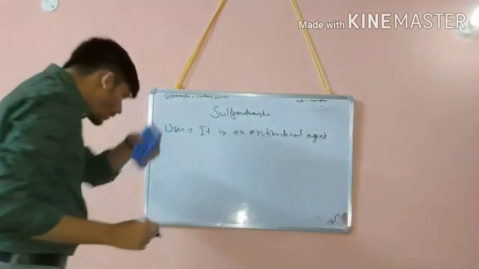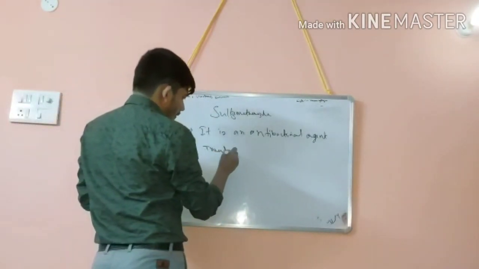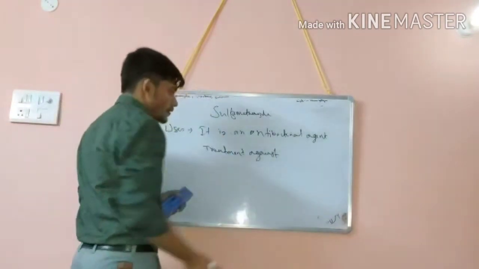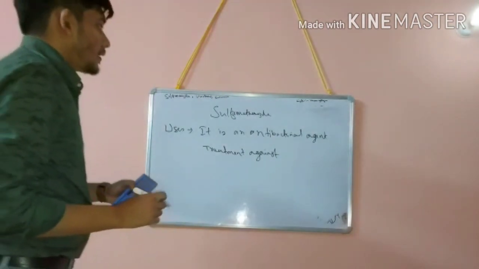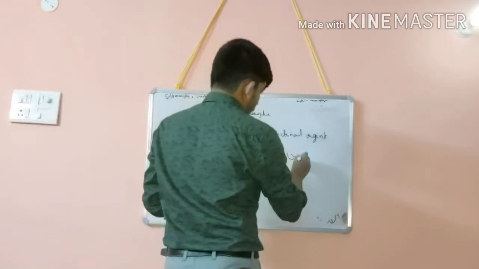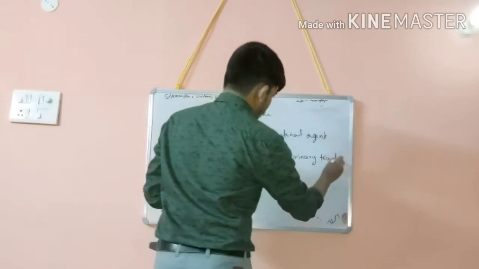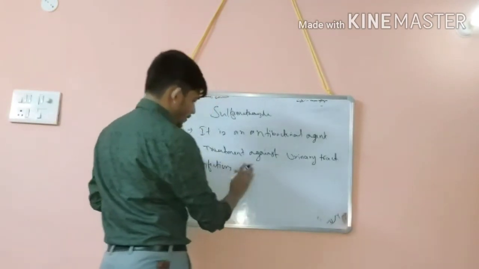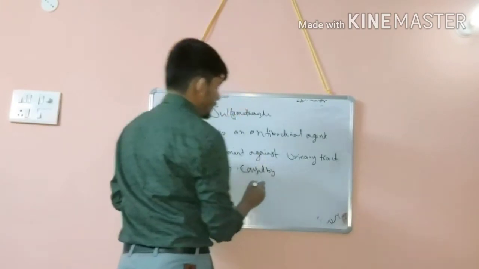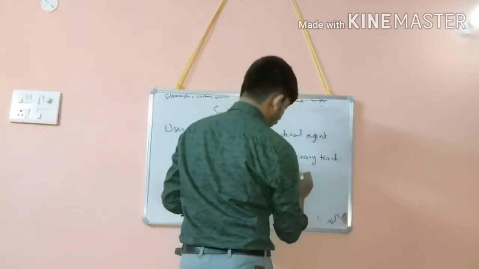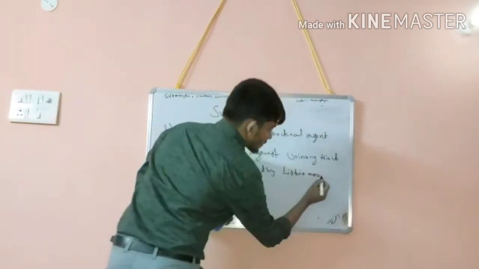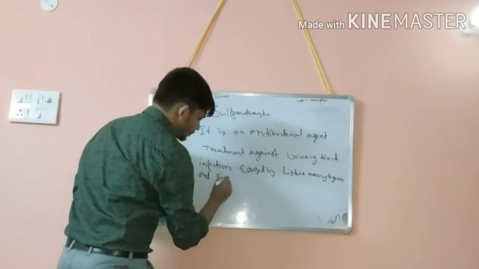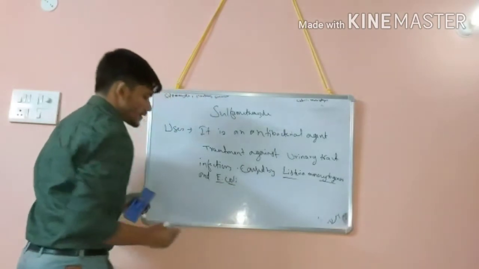It is used for treatment mainly against urinary tract infections which are caused by Listeria monocytogenes, and also E. coli, that is Escherichia coli.